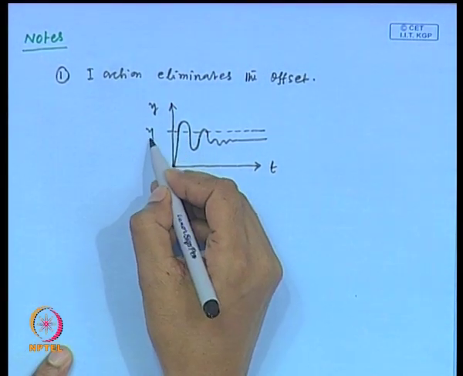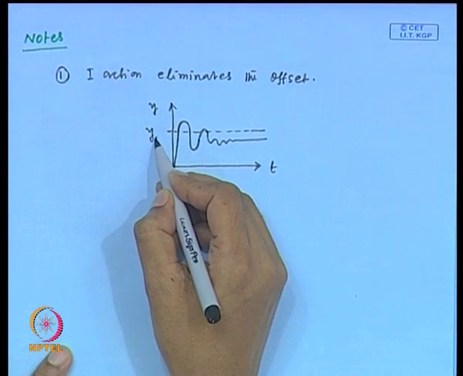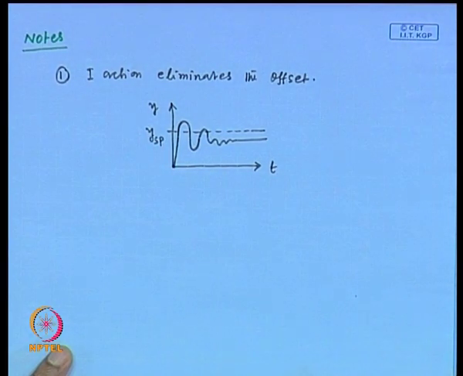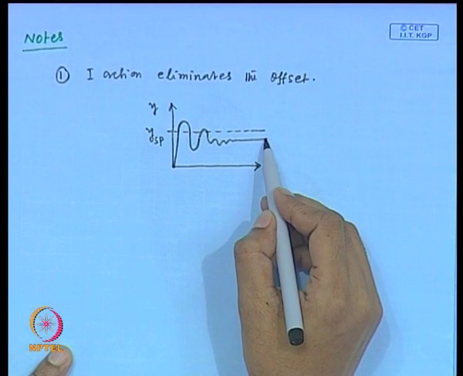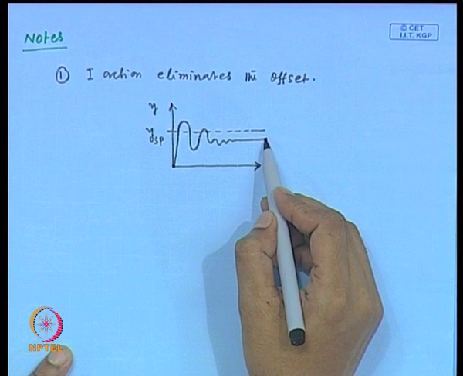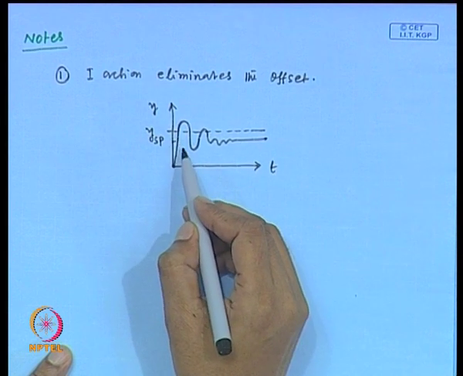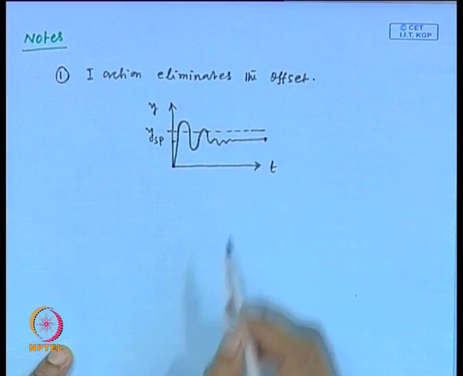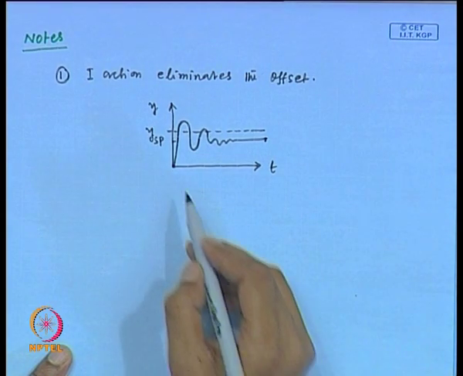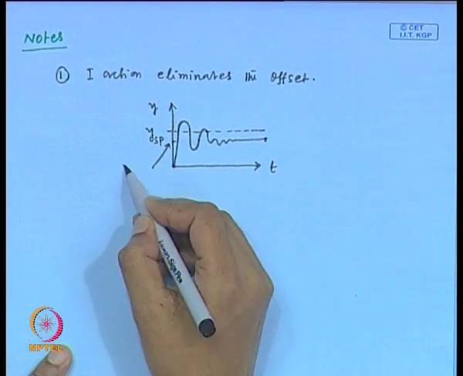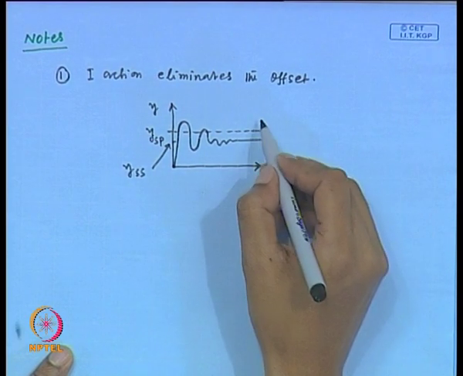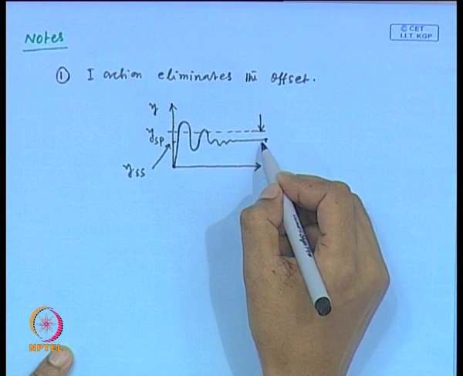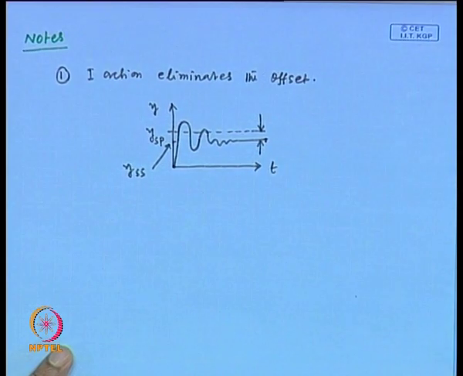This is the set point value, and the value which we finally get is the steady state value, y steady state. Now, the difference between the set point value and the steady state value is called offset.